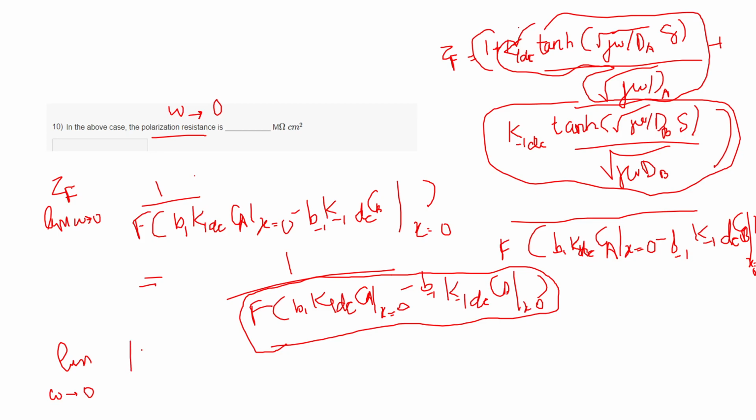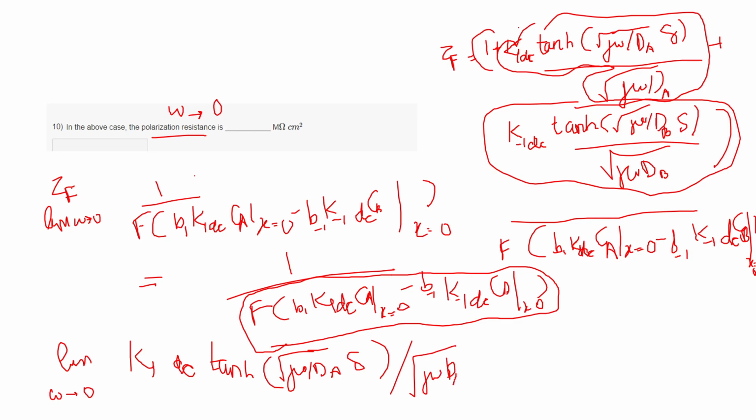So which is nothing but this, k1 dc tanh of root of j omega by del by root of j omega dA.